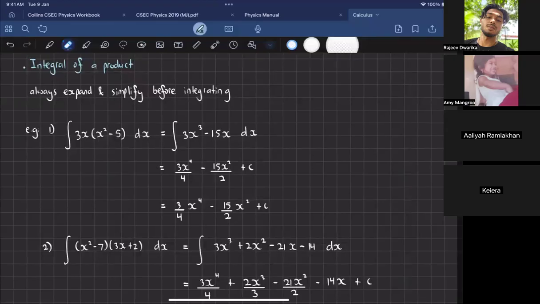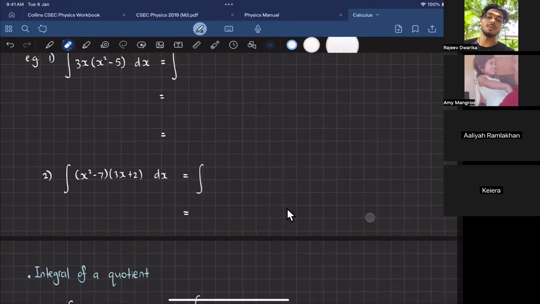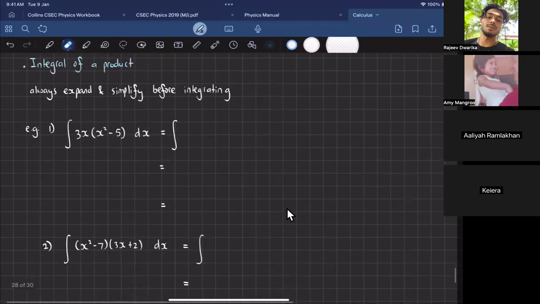So if you have a product, you would need to expand the product before you could integrate. Actually, try the question. You have to expand it first and then integrate.